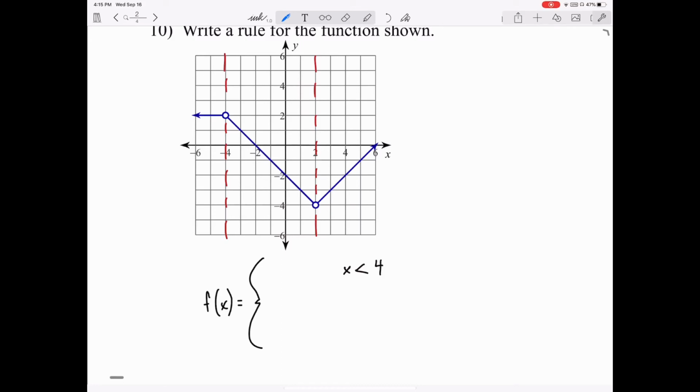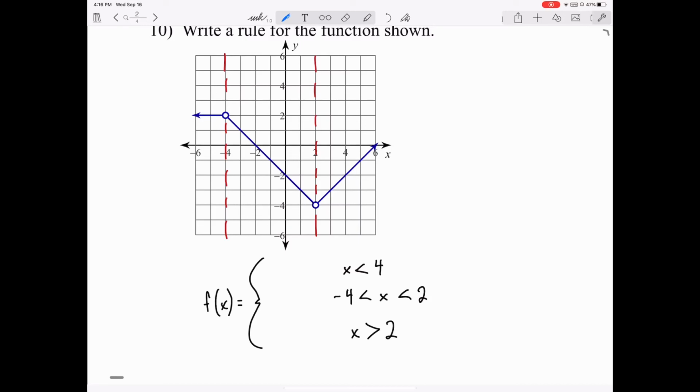The function in the middle goes from -4 to 4. And then -4 to 2. And then the third part goes from 2 and above. And you'll notice for that one, I didn't have any equal signs, and that's because we have open circles.